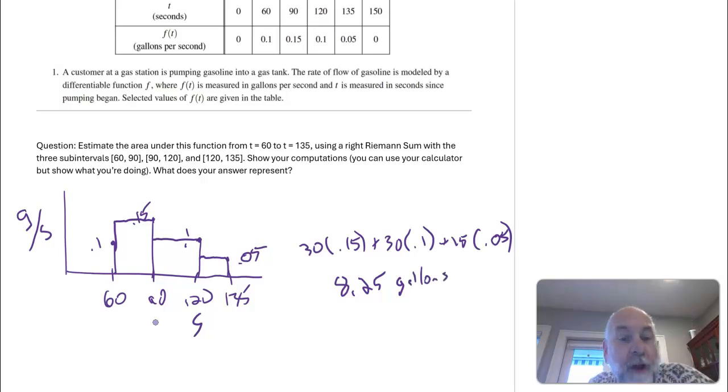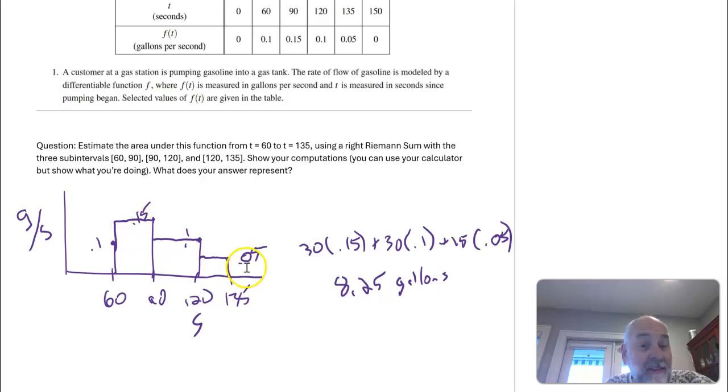This is what you'd write out, but I'm just going to say it for speed. From t equals 60 seconds to t equals 135 seconds, the Riemann sum estimates the total amount of gallons that were pumped by this customer through the pump.